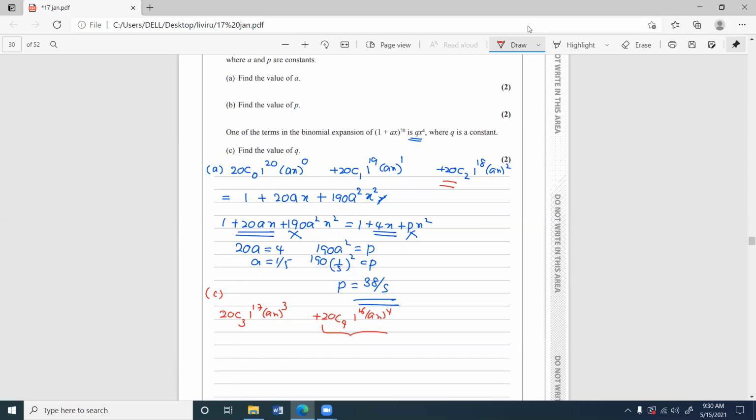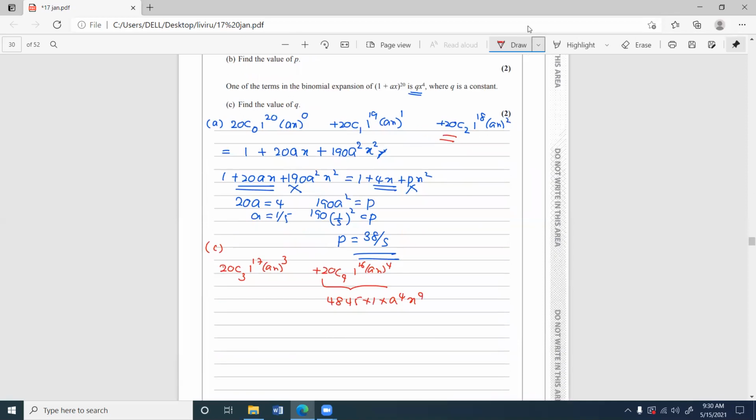We know that 20C4 is 4845 into 1 into a to the power 4, x to the power 4. Then a to the power 4, we know that a is 1 over 5. So 4845 into 1 times 1 over 5 to the power 4, x to the power 4.